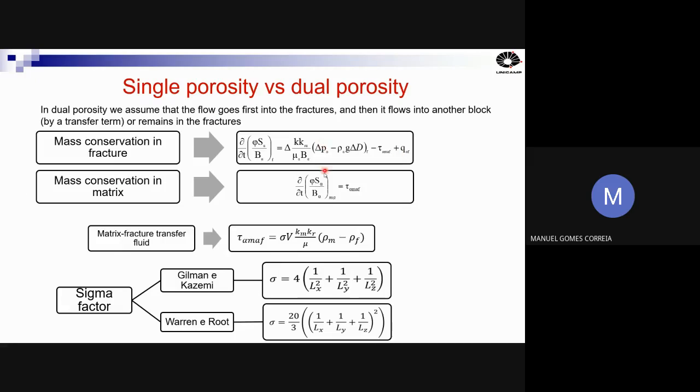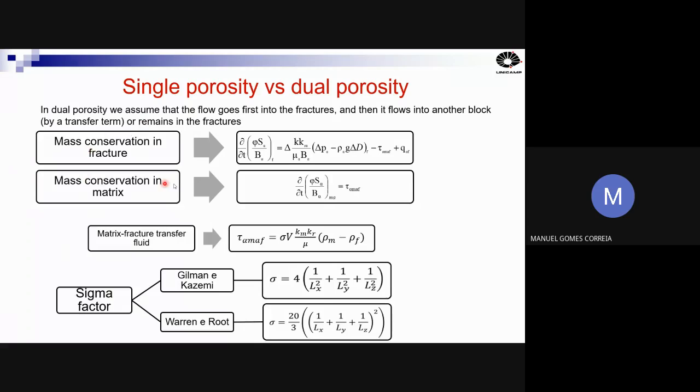So this is the formulation for dual porosity flow models, okay? We don't have flow between the matrix blocks in dual porosity models, so that's why we have only these terms. In dual porosity flow models, we assume that the flow goes first into the fractures, and then it flows into another fracture block.